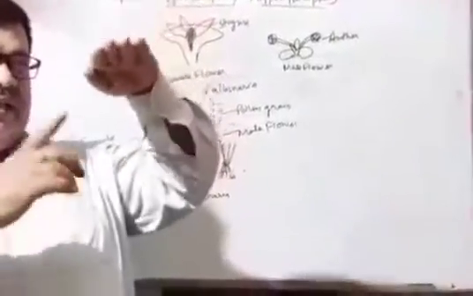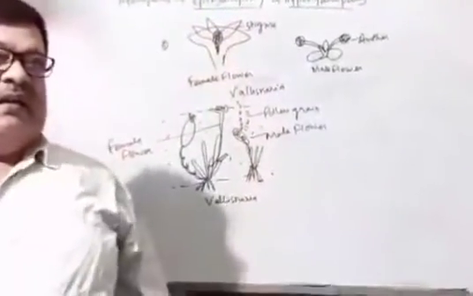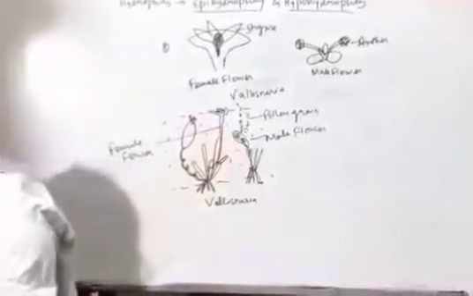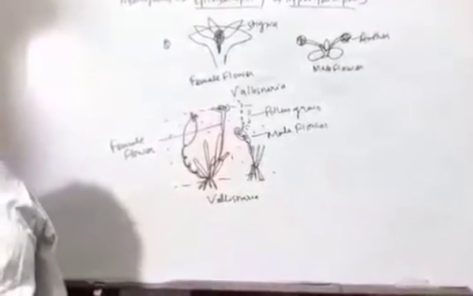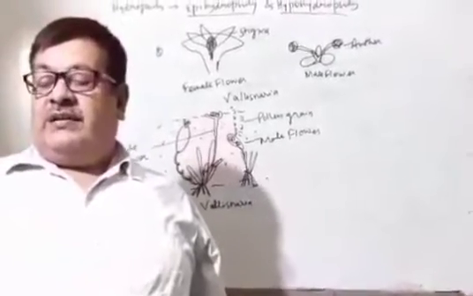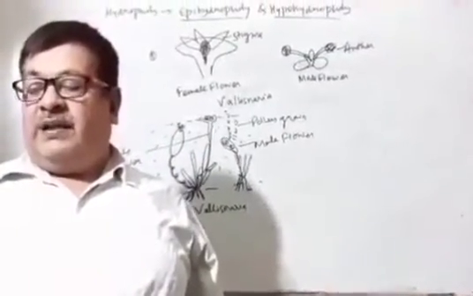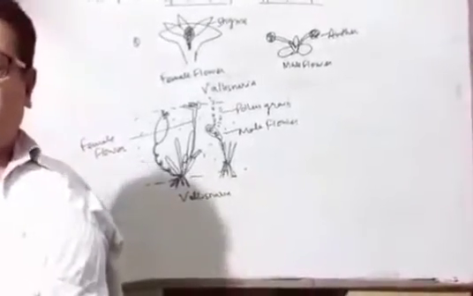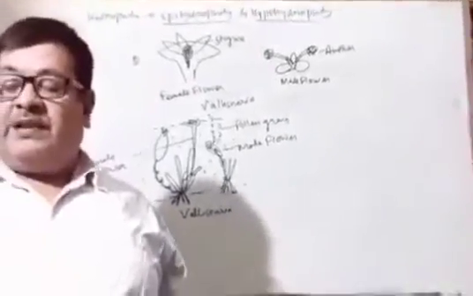While settling, they are trapped in the ribbon-like stigma, and this is hypohydrophilic. So there are many types of pollination in nature depending upon the climatic condition present there.